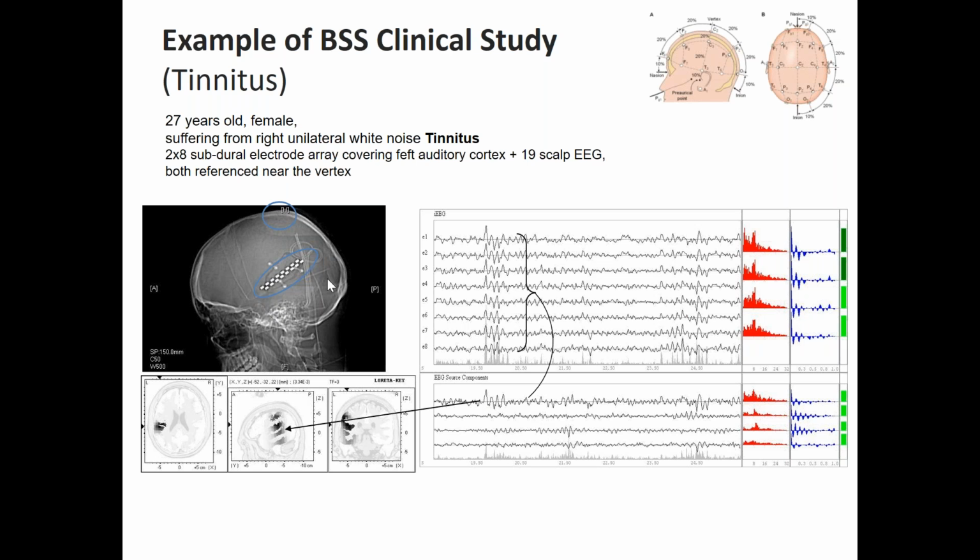So blindly, without using the intracranial electrodes, we have obtained an estimation of the signal that is very close to what we could obtain by means of intracranial electrodes.